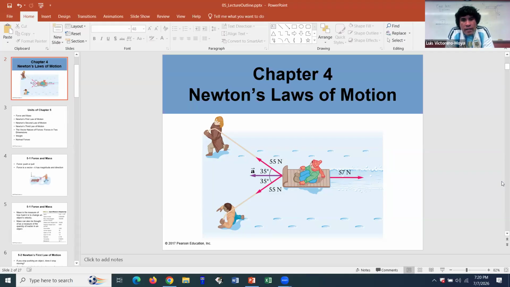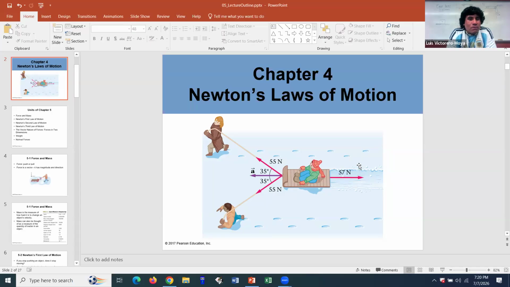So if you were to break each of these forces into horizontal and vertical, you will find that the vertical component of this force is identical to the vertical component of this one, but in opposite directions. So they cancel out. So the net force is acting towards the left.